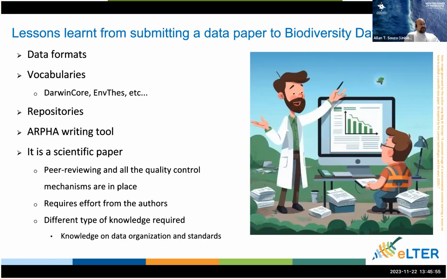Regarding eLTER, EMTF is a thesaurus from eLTER, so it's a good source of information on the proper vocabularies that could be used in data papers that emerge in the future, hopefully many, from eLTER data sets.